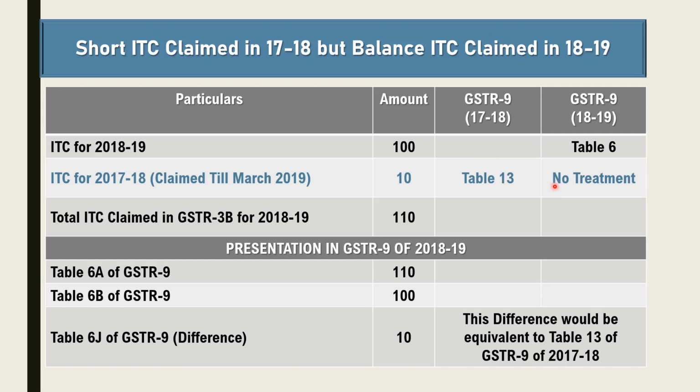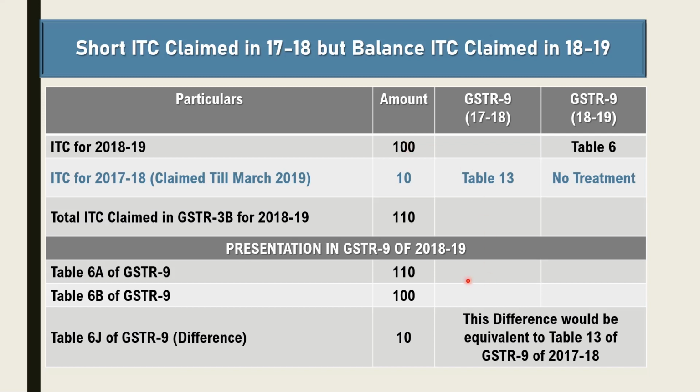Therefore there would be no treatment of this ITC in GSTR 9 of 1819. Only table 6, the details which I have to fill from 6B, would only be containing details of 100 rupees.